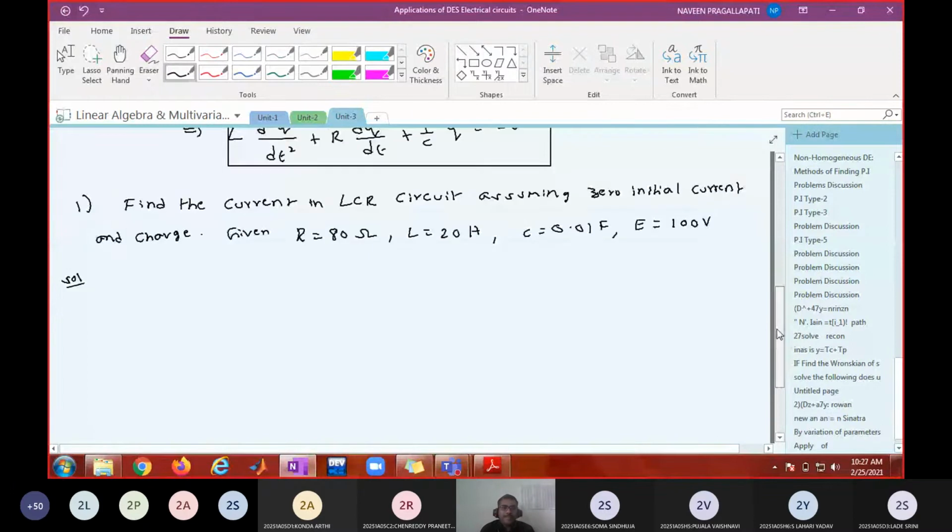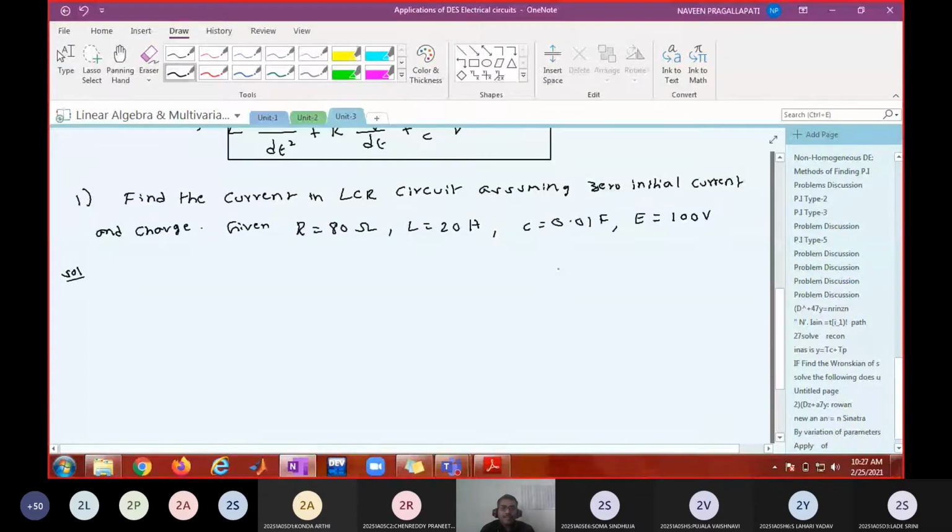So how do you solve this problem? So this is a complete LCR circuit.